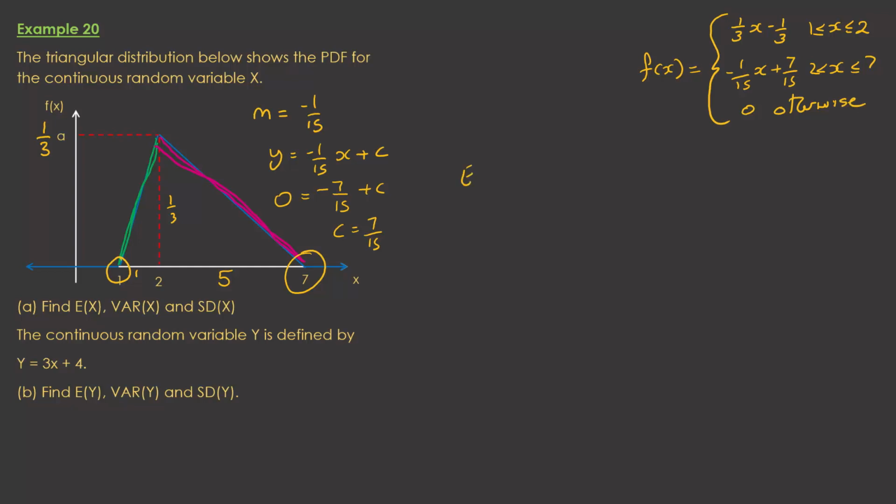So the expectation of x is going to be the integral from 1 to 2 of x times (1/3 x take away 1/3), plus the integral from 2 to 7 of x times (negative 1/15 x plus 7/15) dx.